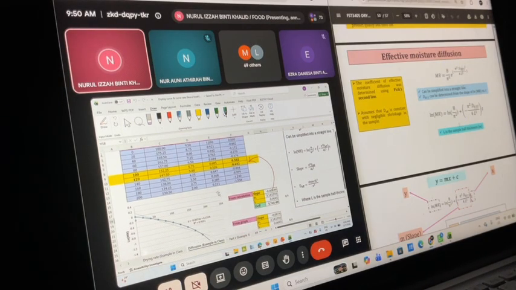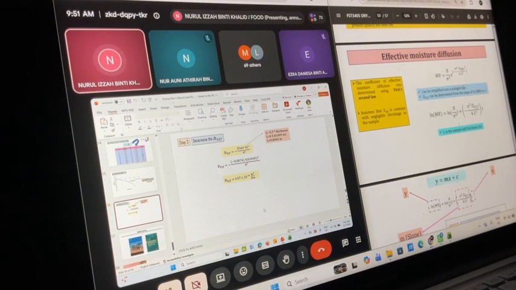So you calculate the slope: y2 minus y1, divided by x2 minus x1, and you will get the slope. Then you use that slope to do the calculation. So this one is the final answer.